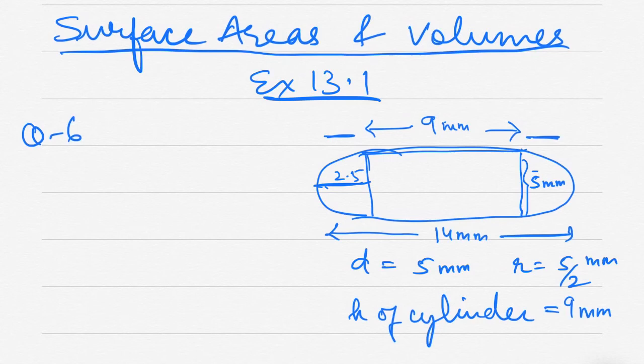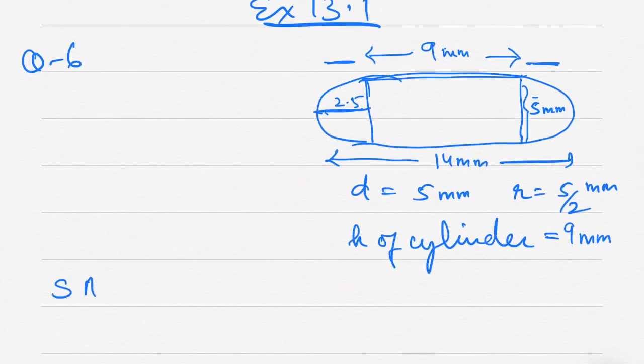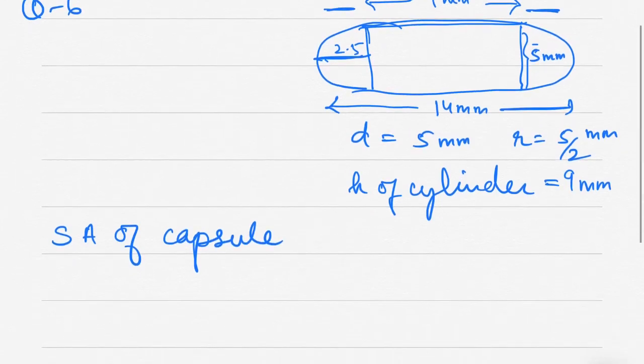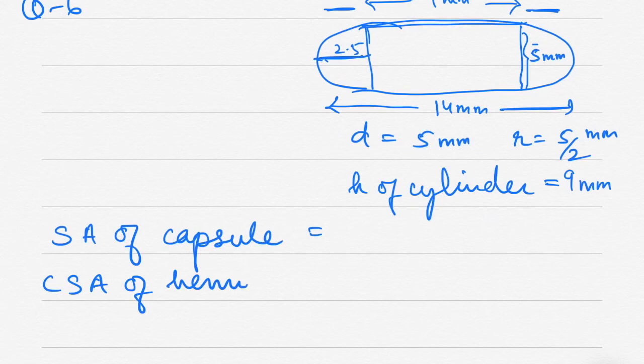Now the total surface area, or surface area of the capsule, will be equal to the curved surface area of hemisphere into 2, because there are 2 hemispheres, or I can say one sphere, either way it will come out the same, plus the curved surface area of the cylinder.